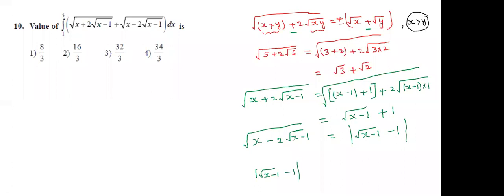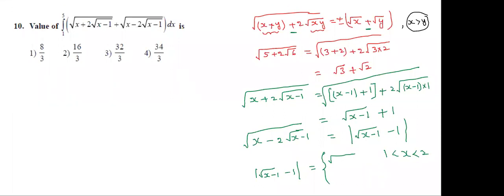By observing the limits 1 to 5, take 1 less than x less than 2, it is going to be negative.